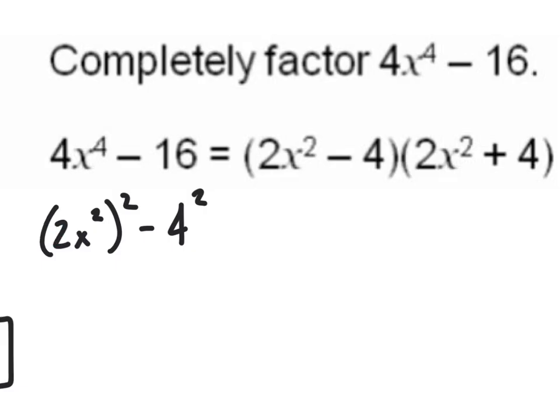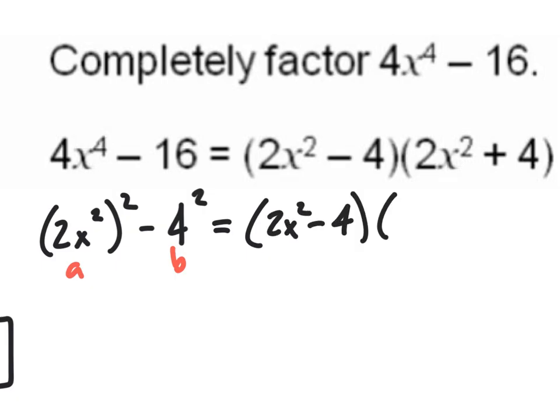And so if you take 2 and you square it, you get 4. If you take x squared and you square it, you're going to get x to the 4th. And what they did was that was their a, and this is their b. And so then they wrote it simply as 2x squared minus 4, and then times 2x squared plus 4. Now here's where it gets a little weird, because you can factor out a 2 from each of these parts here.